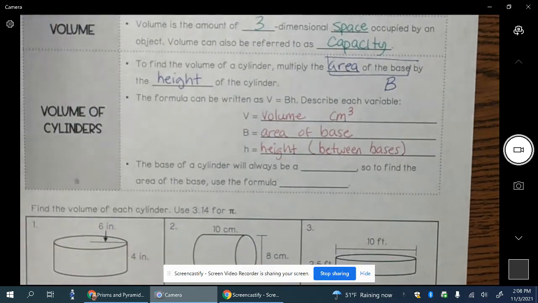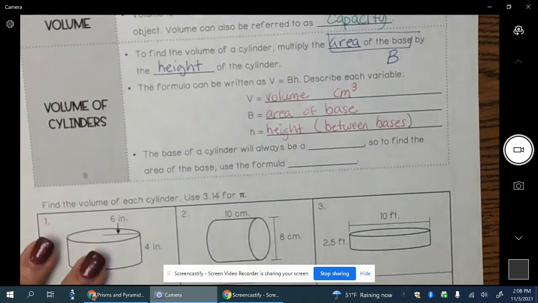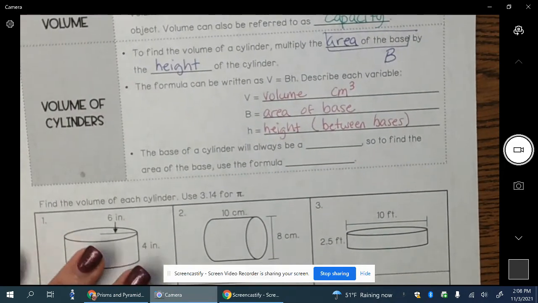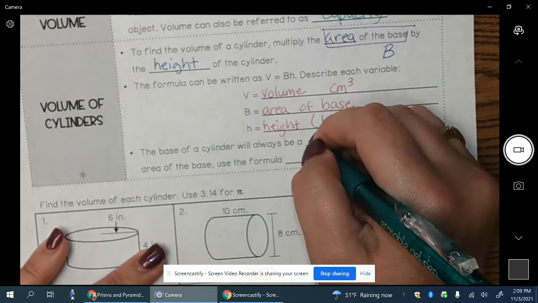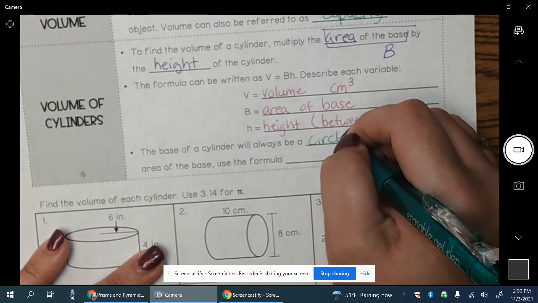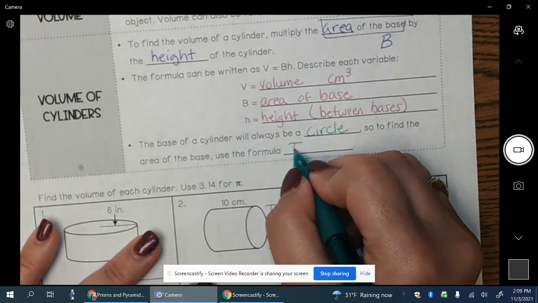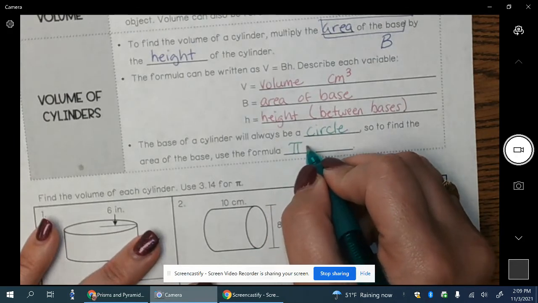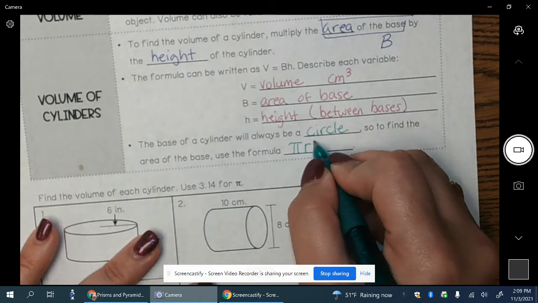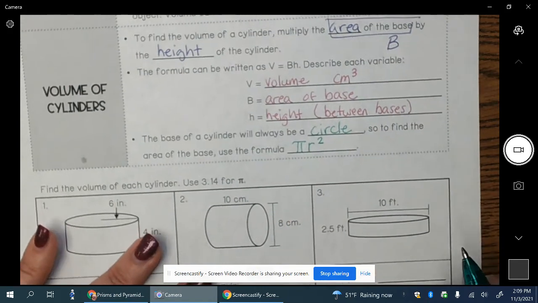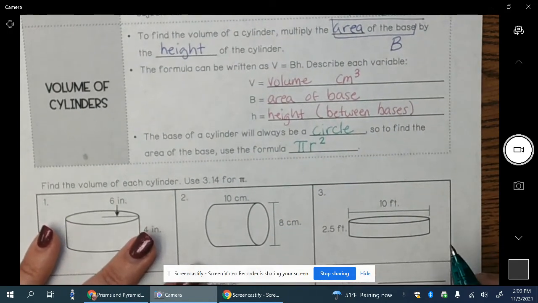Alright, again, that should just be review. And we just said that the base of a cylinder is a circle. So how do you find the area of a circle? Pi r squared. Okay?